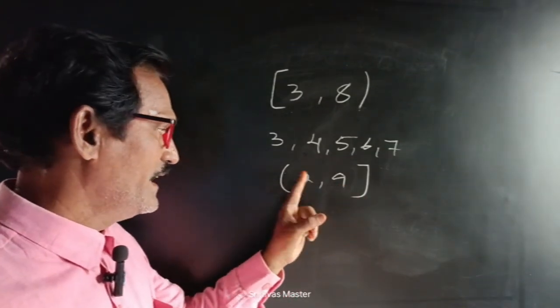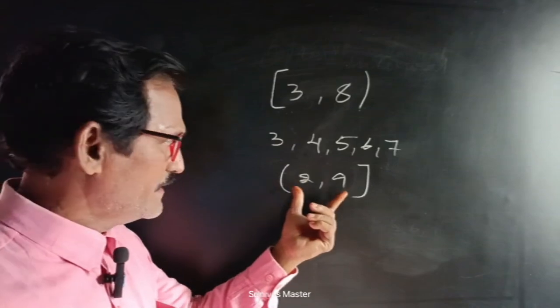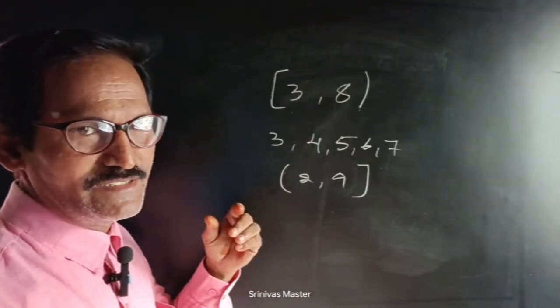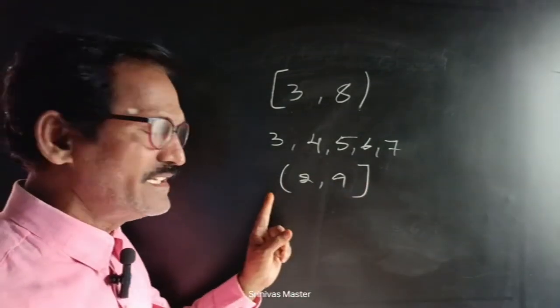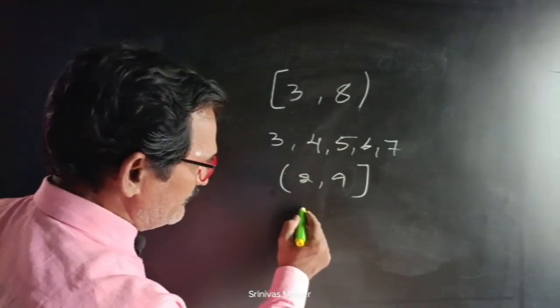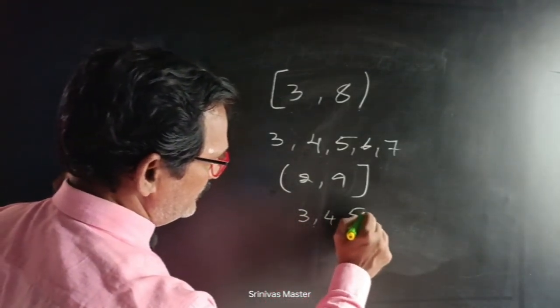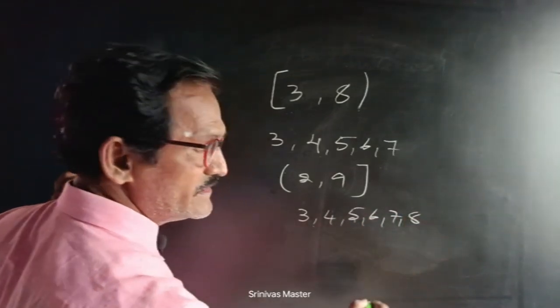You can identify that this is including, this is excluding. That means except 2, what will be there? 3, 4, 5, 6, 7, 8.